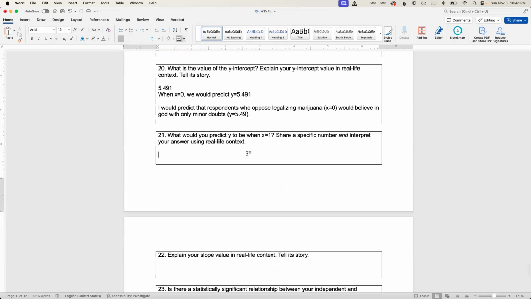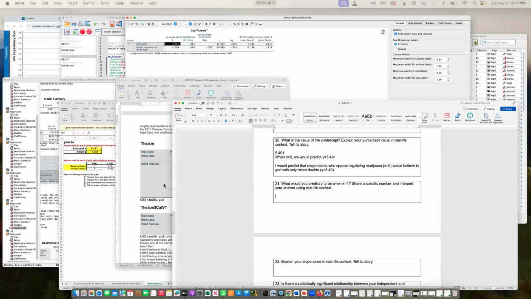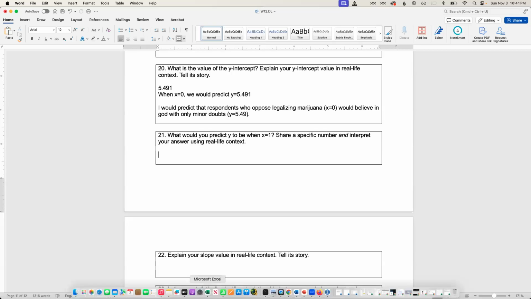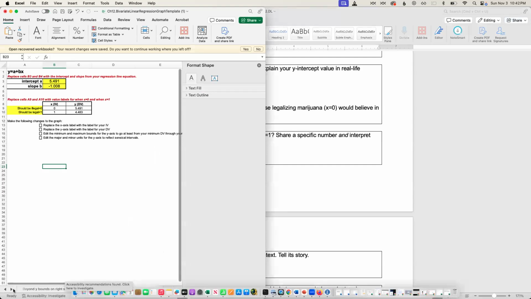Okay. And then what would we predict when x equals 1? So again, I can use my predicted value calculator if I wanted to. So if I go back to that spreadsheet, I could go to the predicted value calculator.